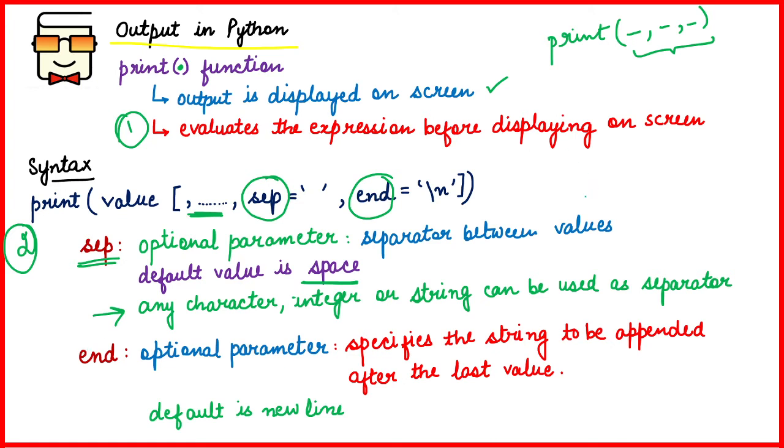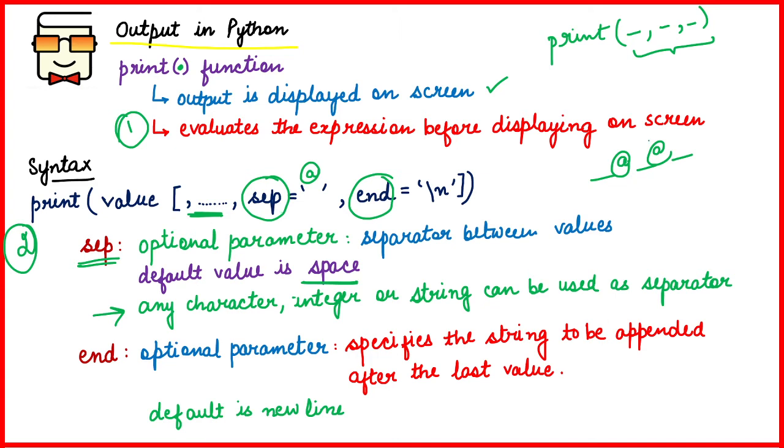So if you want your different arguments to be displayed on the screen separated using the @ symbol, then you provide sep equal to single quotes @. So when you do that, the values will be printed separated by a @ symbol.